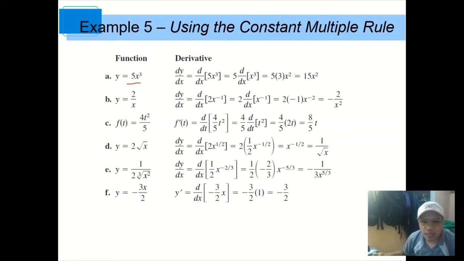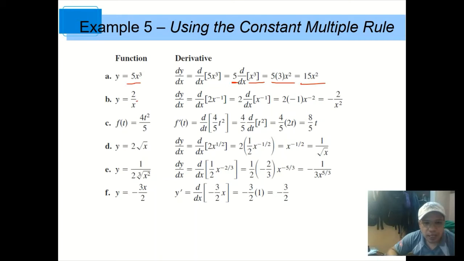So, 5x cubed: getting the derivative of 5x cubed, so d over dx of 5x cubed, nilabas na yung 5. Then, kinuha niya yung derivative ng x cubed, which happened to be 3x squared. Then, multiplying 5 to 3x squared will give us 15x squared. 2 over x.